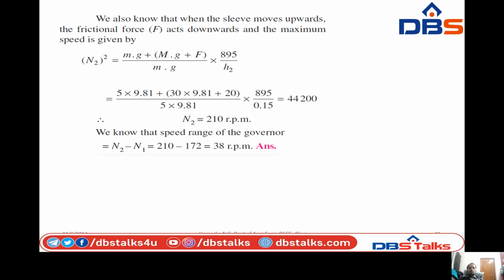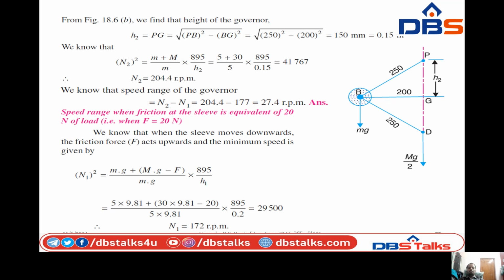Then the range of speed is 210 minus 172, finally 38 rpm. So by the application of the frictional force on the sleeve, the range of speed is 38 rpm, and without application of the frictional force, the range is 27.4 rpm.